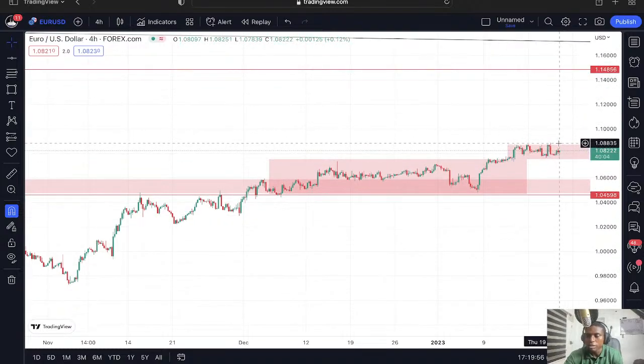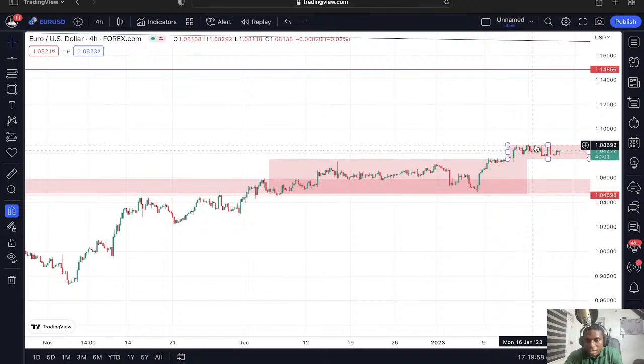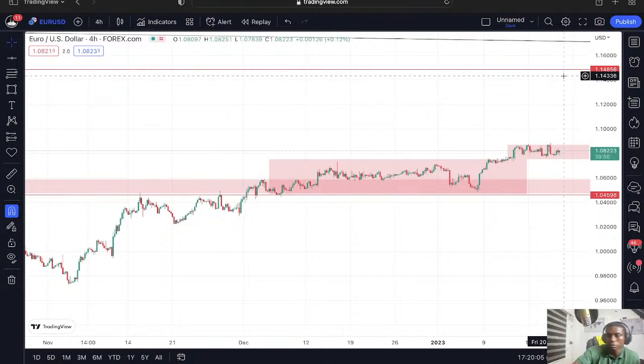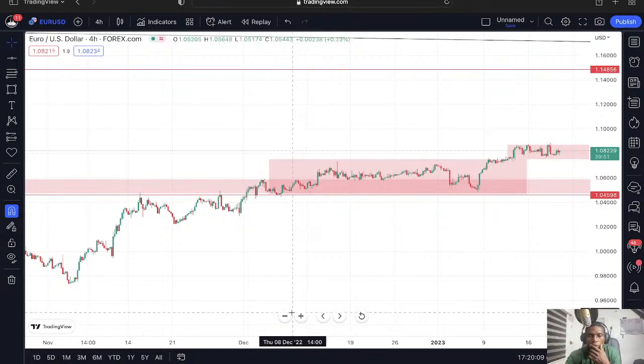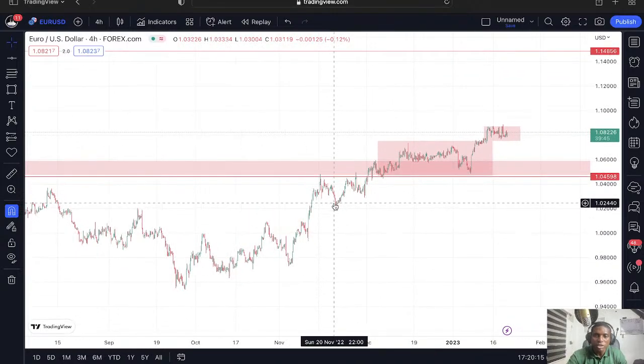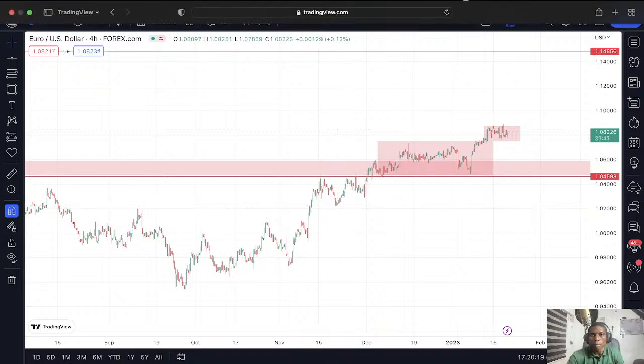That will be the next target line. When price breaks out of this little consolidation, then the next target line is here. So that is what you should be looking at. Those are the possibilities you should be expecting on the 4 hours time frame, Euro USD.